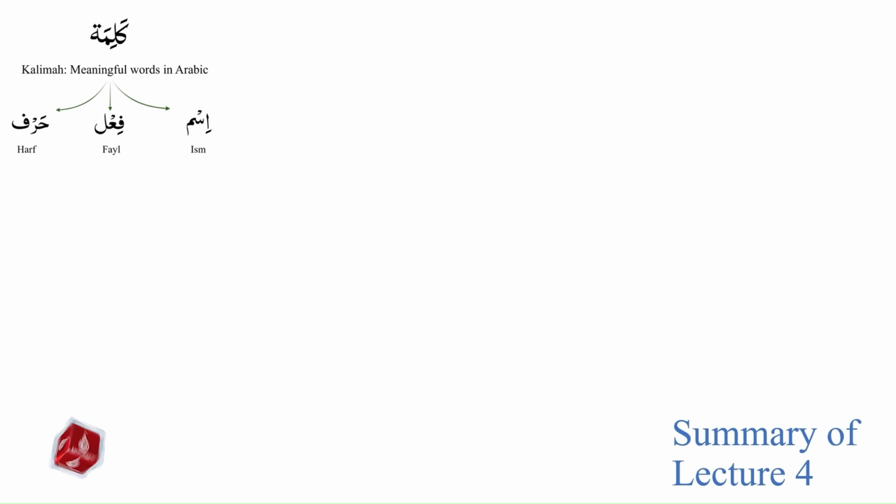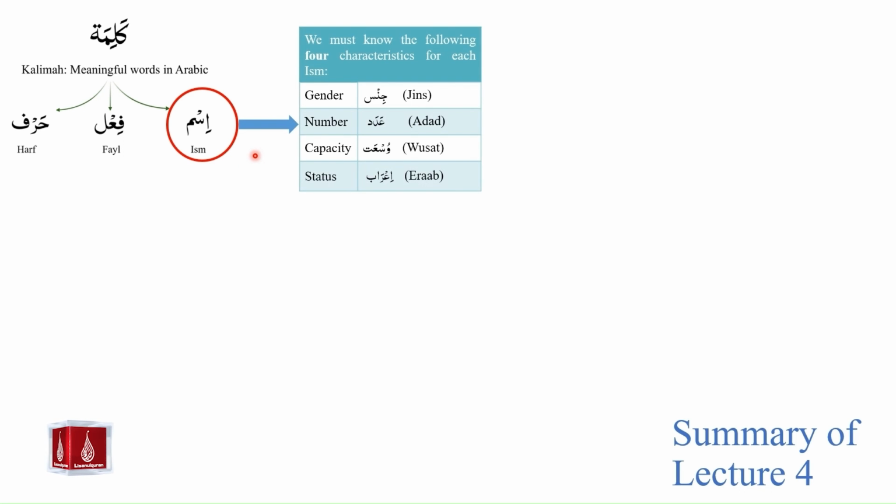Let us revise what we have studied so far. Earlier we studied that meaningful words in Arabic are called kalima, and we studied that there are three types of kalima: ism, fail, and harf. We started our detailed study of ism, and we studied that for us to fully understand an ism or to be able to use that ism in a sentence, we need to know four things about that ism.